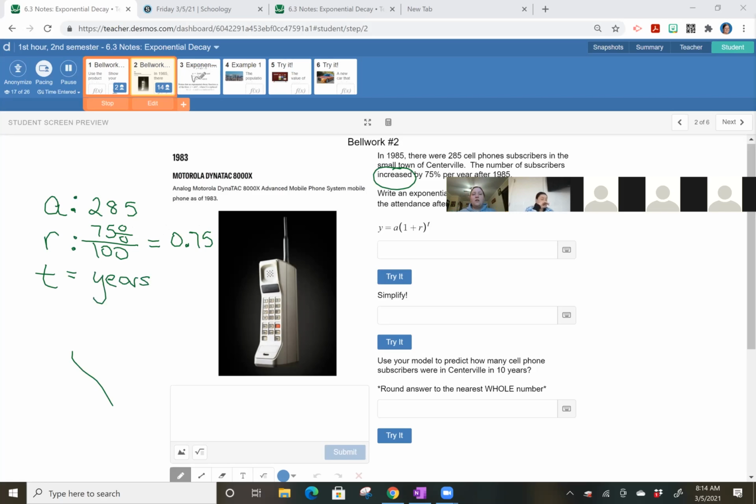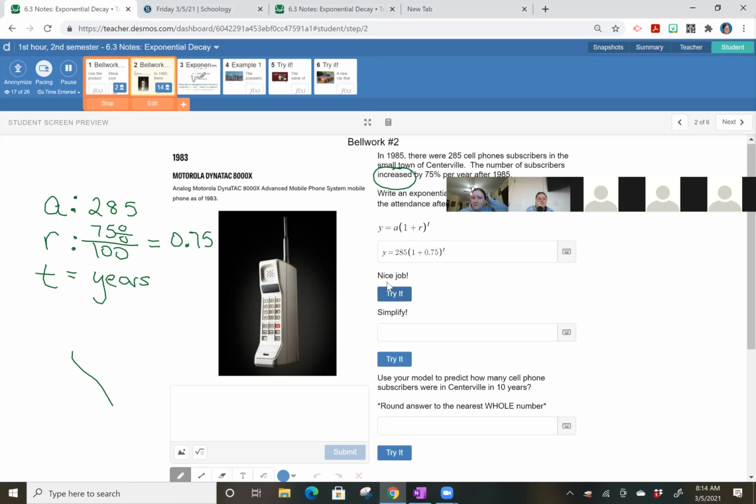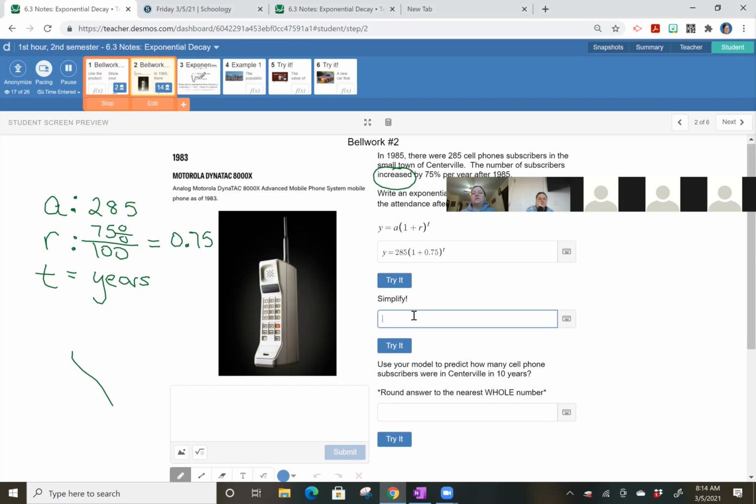Okay. So now let's put all that together. Got to have our y equals, got to have our 285. Remember, we're using the t. All right, we're good to go. Now, when it says simplify, what's the only piece that we have to simplify so far? The parentheses. Yeah, our parentheses. That's going to become our b. When you add them together, that symbolizes our b value.